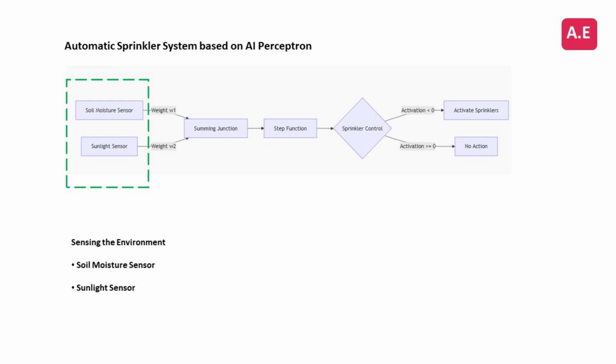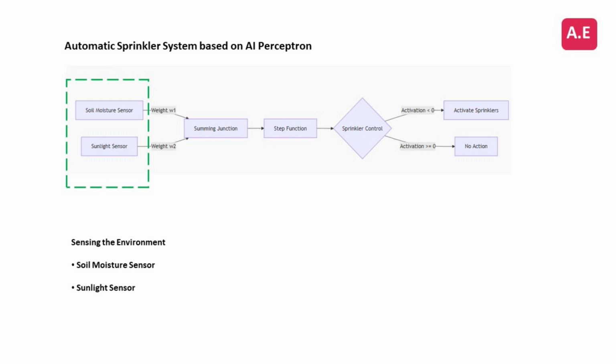At the front line of this controller are two physical sensors. Soil moisture sensor. This device measures how much water is present in the ground. Typically, it outputs an electrical signal, voltage, or resistance that rises as moisture increases. Sunlight sensor.